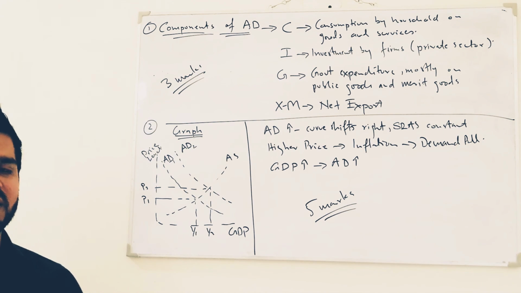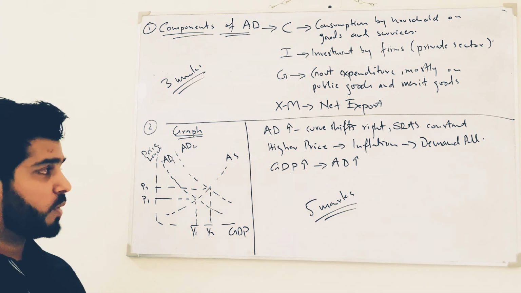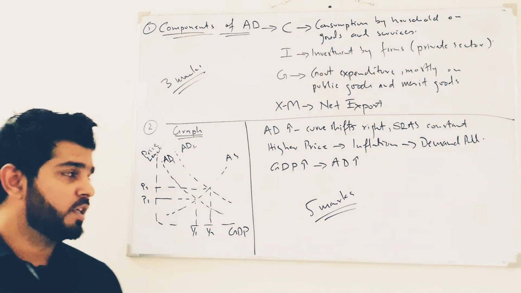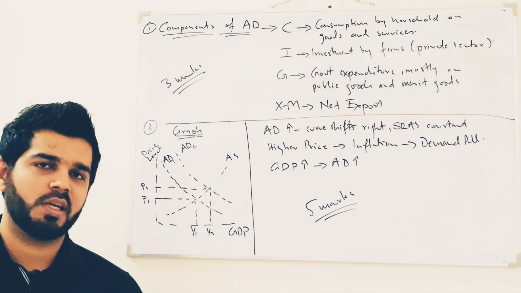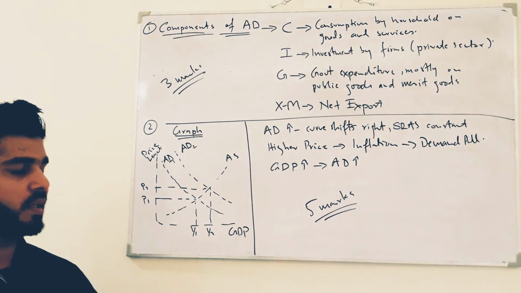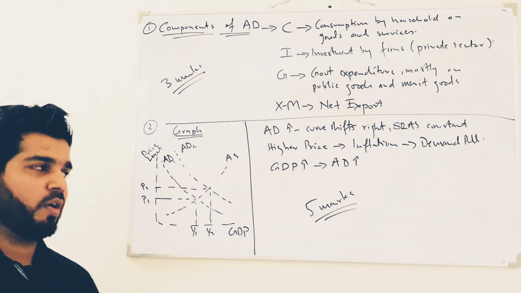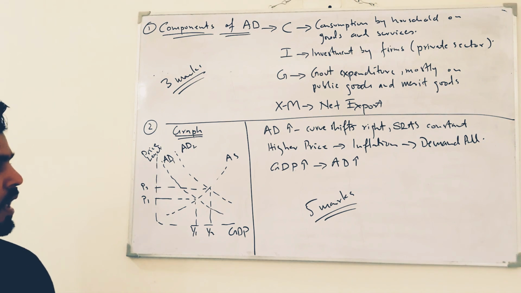You can just write a sentence or two about that as well. When the curve shifts rightward on the same short-run aggregate supply curve. Since the short-run and long-run aggregate supply curves are different, we are not going to go into the detail right now, so it's better to just write short-run aggregate supply curve.